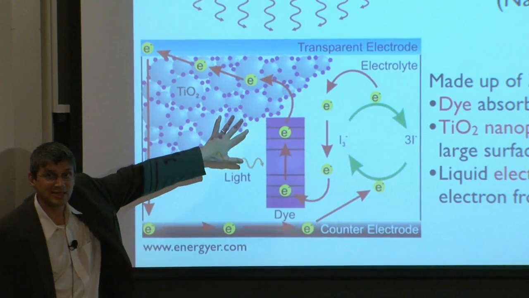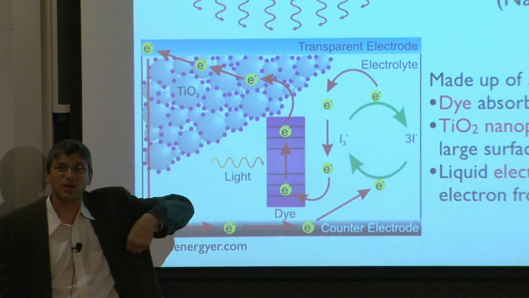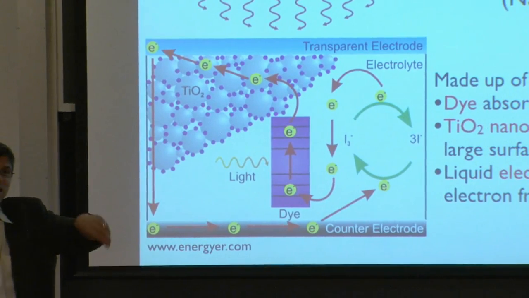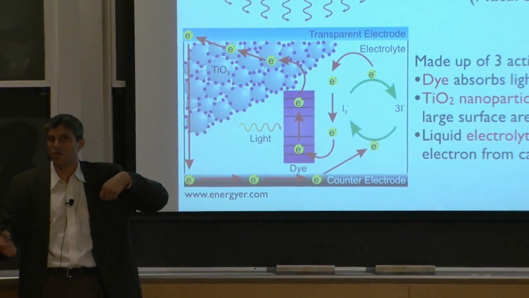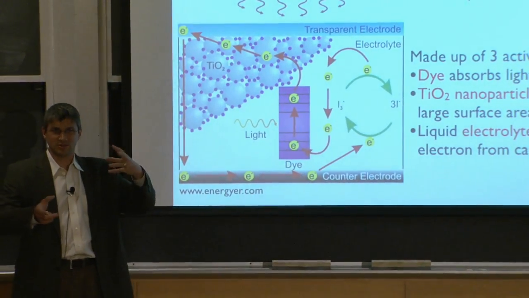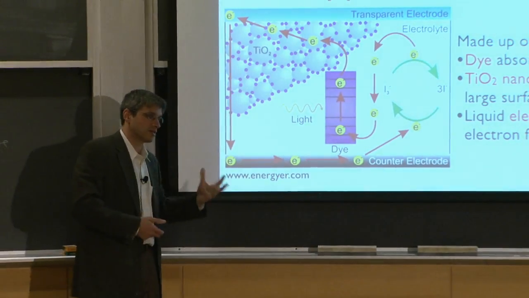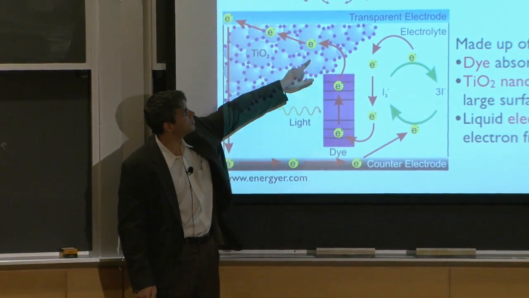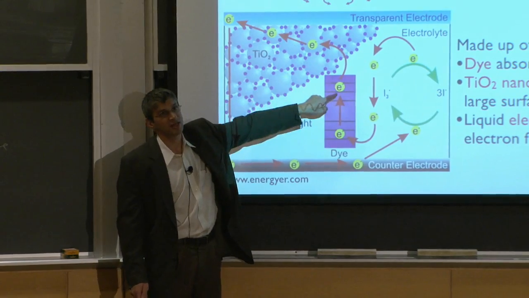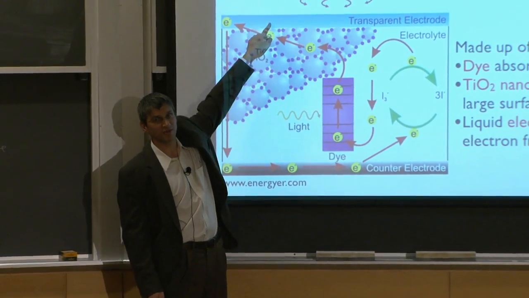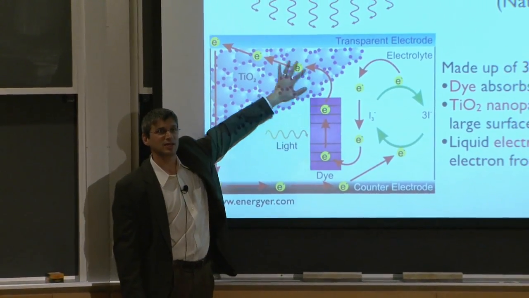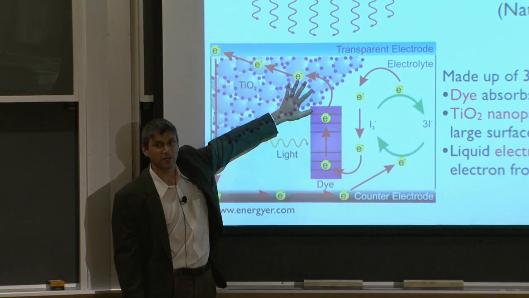Now, in this case, you're not going to worry about moving that electron around in some slow polymer, right, or amorphous material. You're going to put it into a TiO2 particle matrix where actually electrons zip along really efficiently. So you kind of really boost the transport part of the problem.